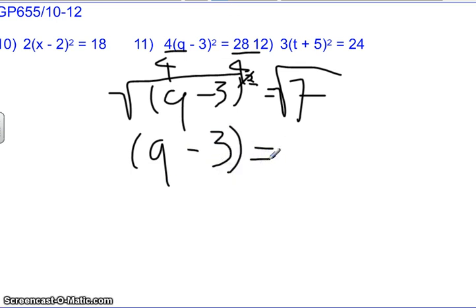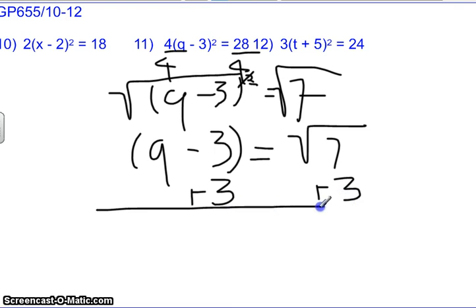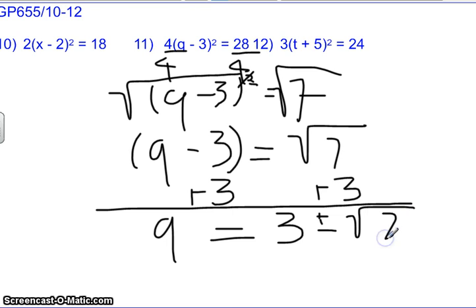Good. Q equals 3 plus or minus, good, square root of 7.